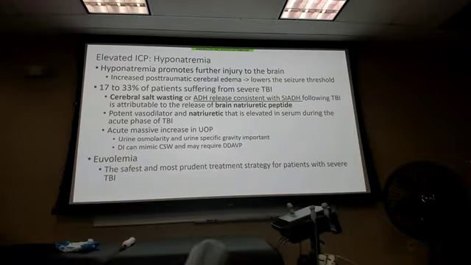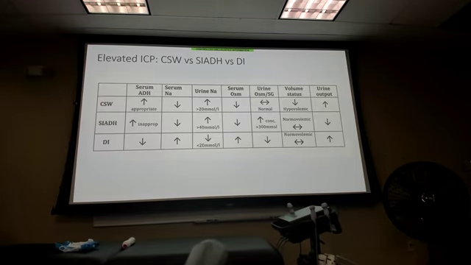But yes, we want to keep an eye out for the urine osmolality and specific gravity, and then potentially give a bolus of normal saline or hypertonics if we need it. This is a good chart of what we see in terms of cerebral salt wasting, SIADH versus DI.